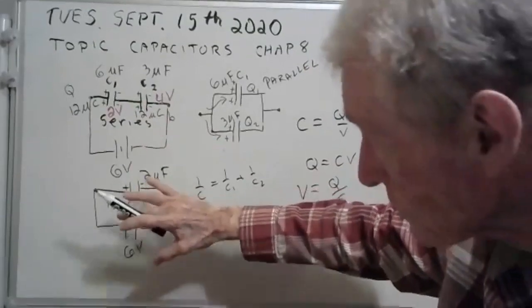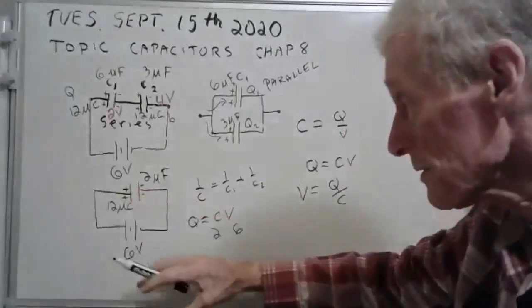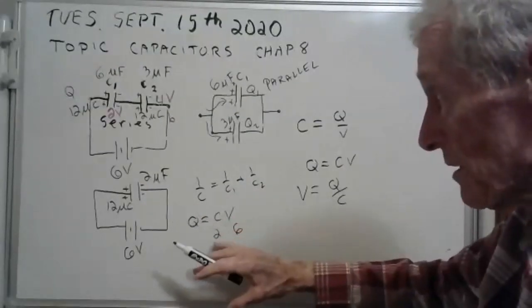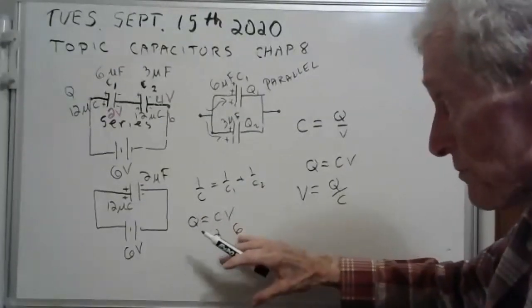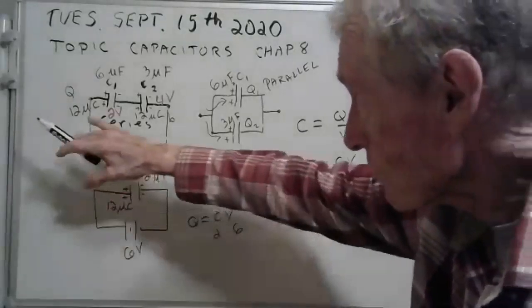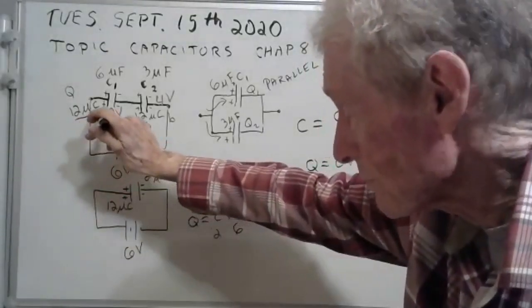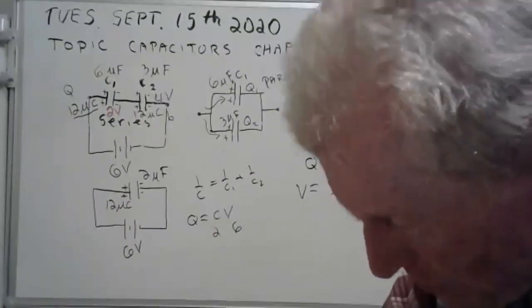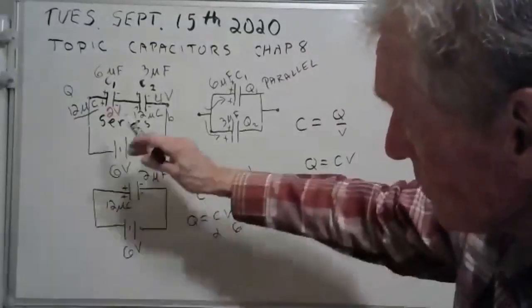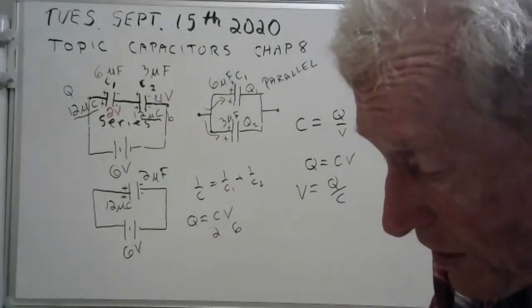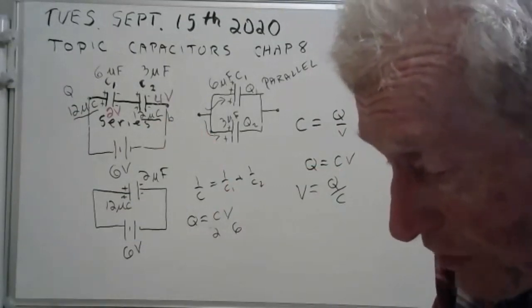Well, once you got this equivalent circuit, then you can just go to town. Q equals CV. 2 microfarads times 6 volts is 12 microcoulombs. That's where the 12 microcoulombs comes from. And of course, this has 12 microcoulombs because in series you have the same charge.